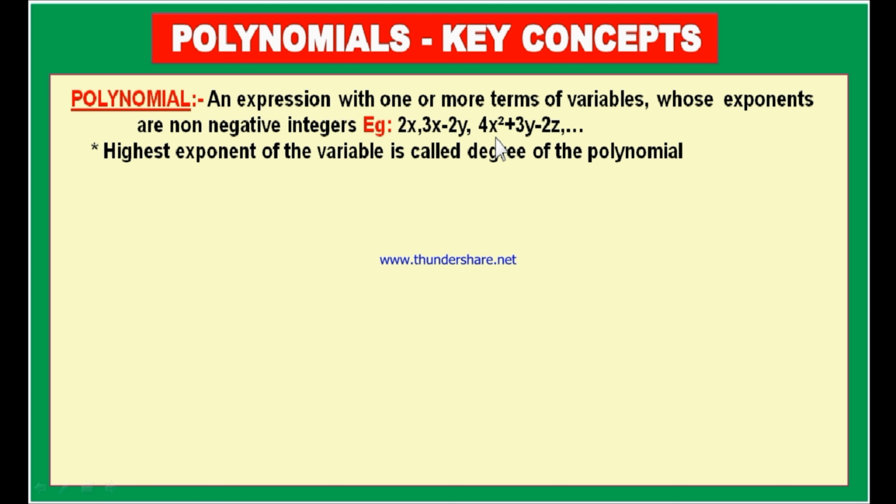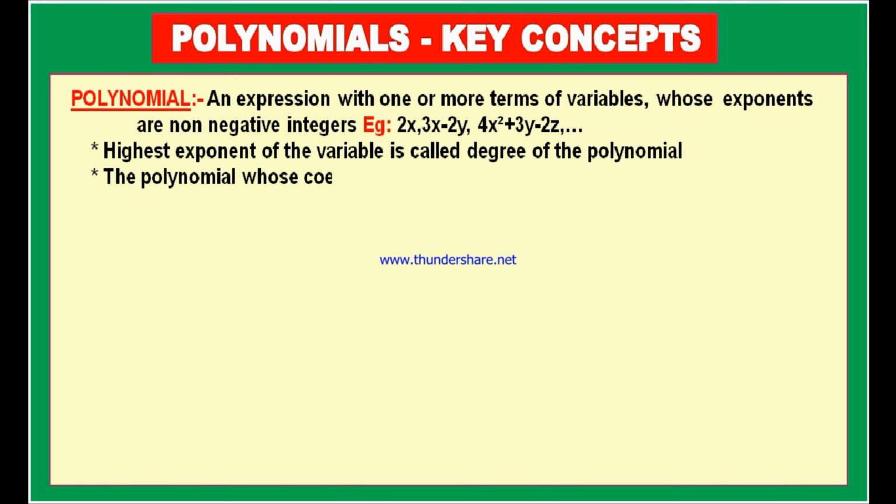The highest exponent, that of x, is 2. Since the highest exponent of the variable is 2, the degree of this polynomial, 4x square plus 3y minus 2z, is 2. Understood? Therefore the highest exponent of the variable is called the degree of the polynomial.